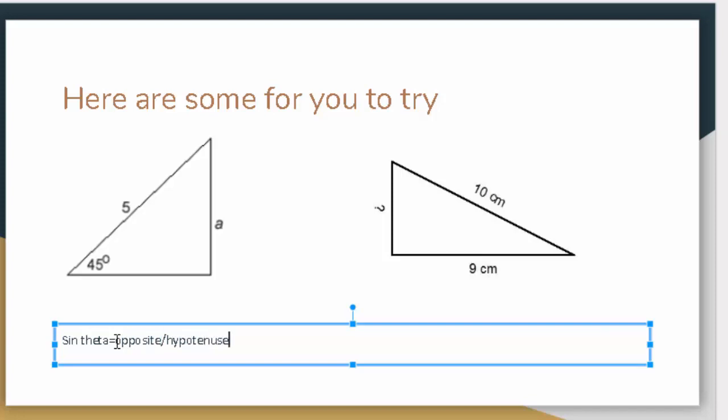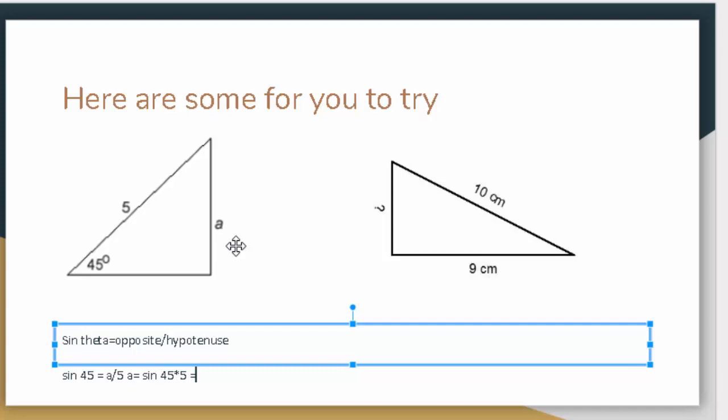Now we have sine 45 equals our opposite, which is a. So a is what we're working out, and I just put a for simplicity, and 5 is the hypotenuse. Now we rearrange for a. So a will be equal to sine 45 multiplied by 5.